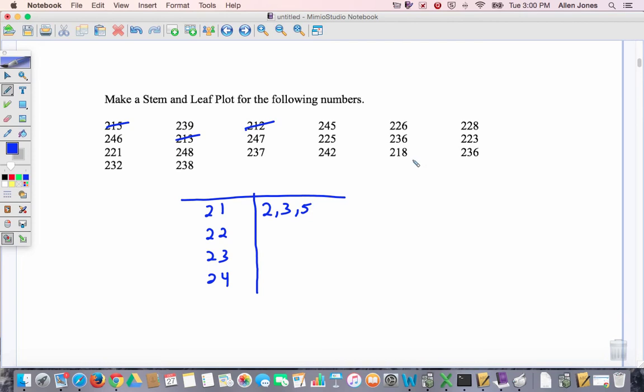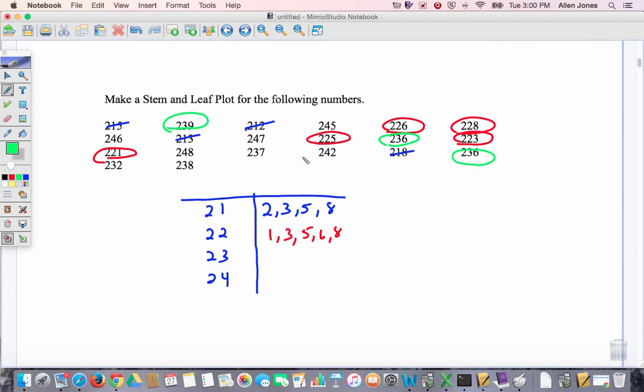213, a 215, and it looks like a 218 would be my last one. In the 220s, I'm just going to circle the 220s. 1, 2, 3, 4, 5. So I have a 221, a 223, a 225, 26, and a 28. I'm going to go to the 230s.